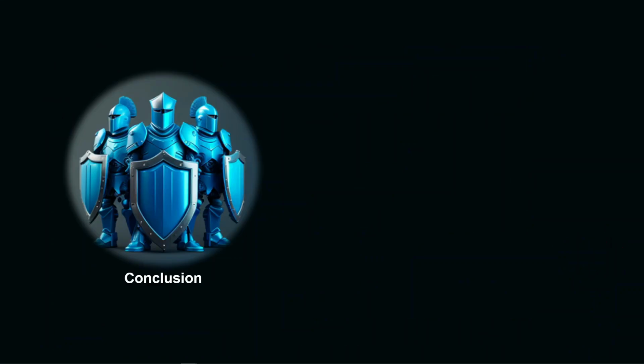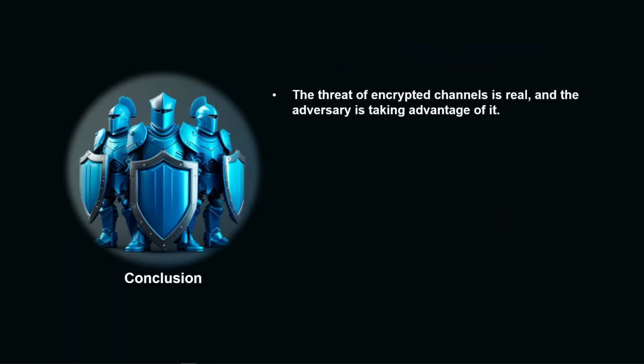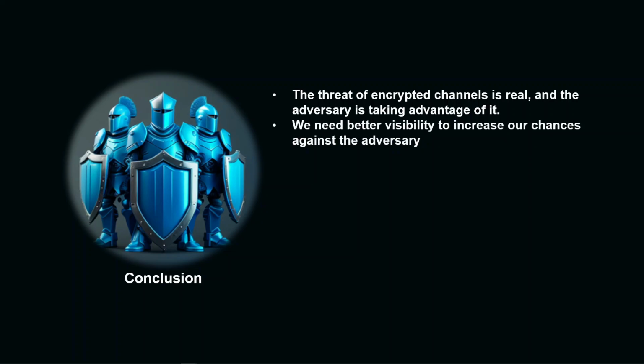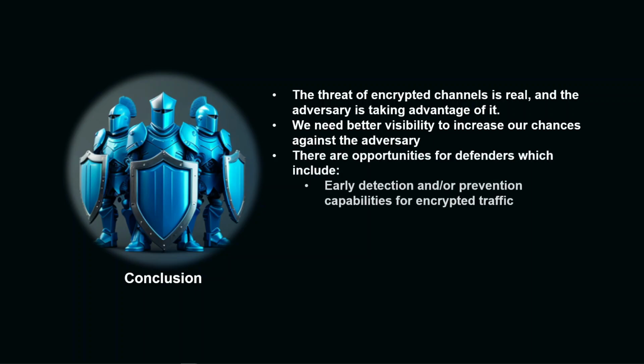So the conclusion: the threat of encrypted channels is real. And I don't think that we've been paying enough attention to it. And the adversary has continued to evolve to take advantage of it. We need better visibility to increase our chances against the adversary. There are opportunities for the defenders. We talked about them. Early detection or prevention capabilities for encrypted traffic.